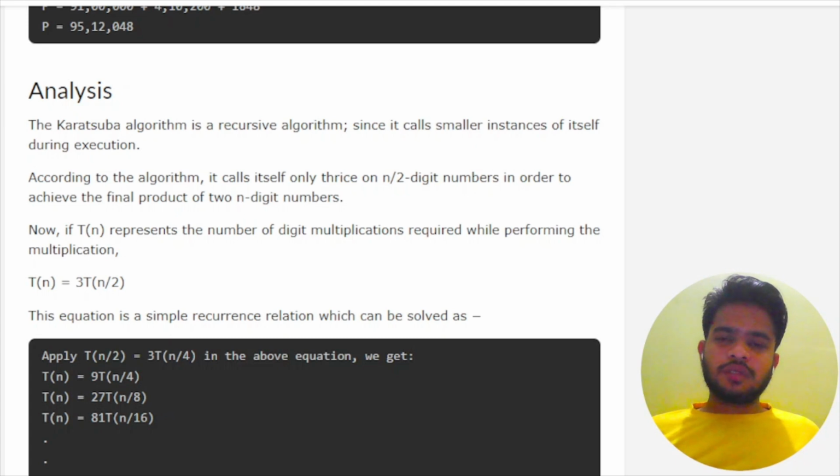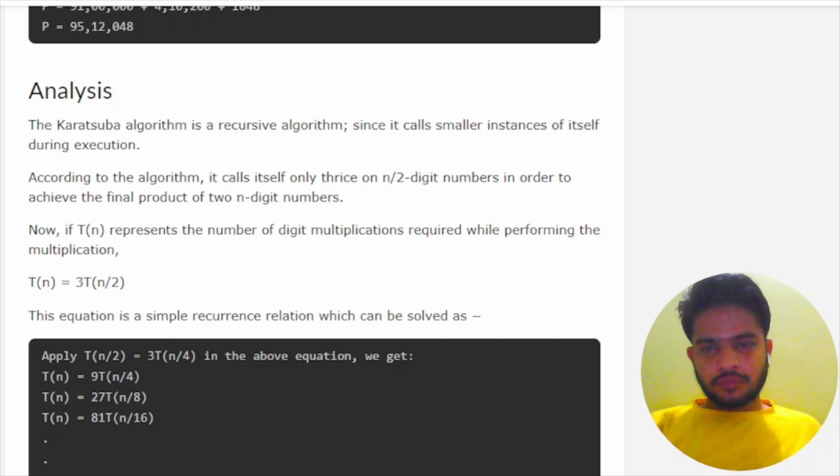The equation is a simple recurrence relation which can be solved as follows. Apply T of n by 2 equal to 3T of n by 4 in the equation and we get the following.